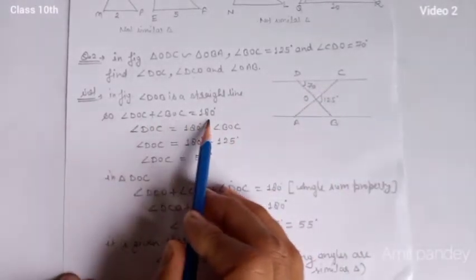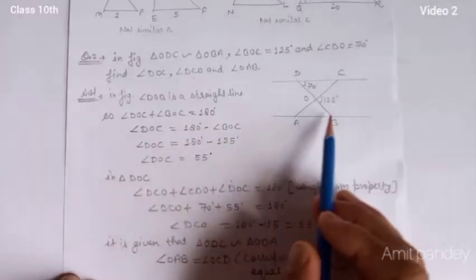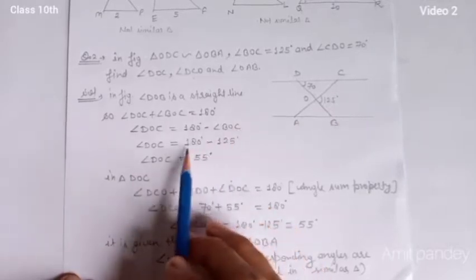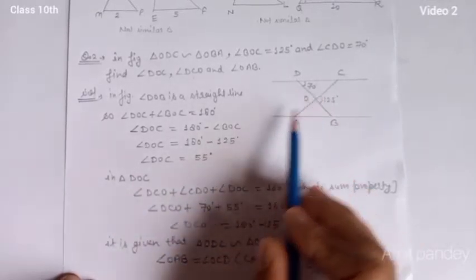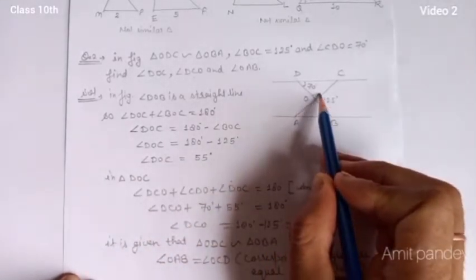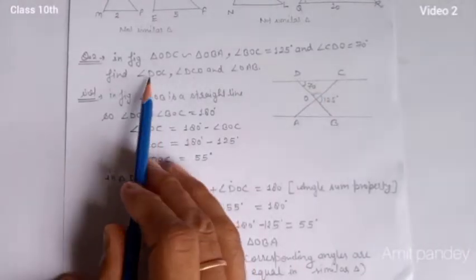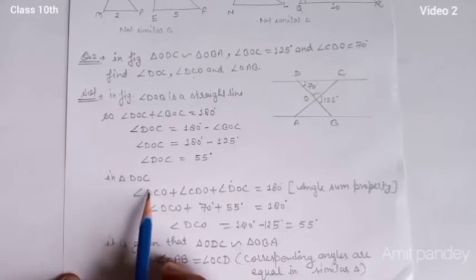DOC plus BOC is equal to 180, so DOC is equal to 180 minus BOC, that is 180 minus 125. Now what value of DOC do we obtain? DOC is equal to 55. Okay, now the first part we did. Now the second part, DCO.